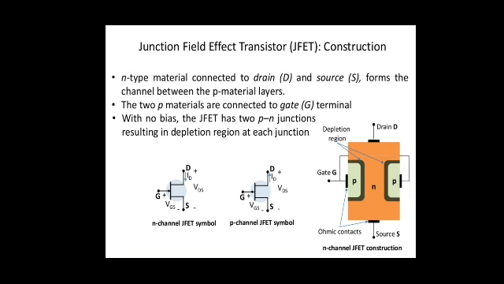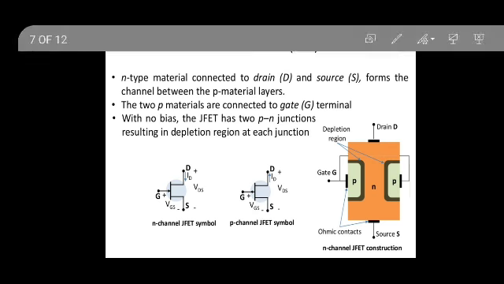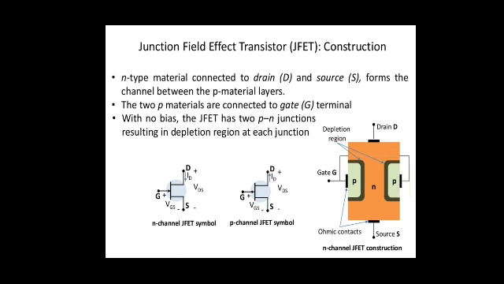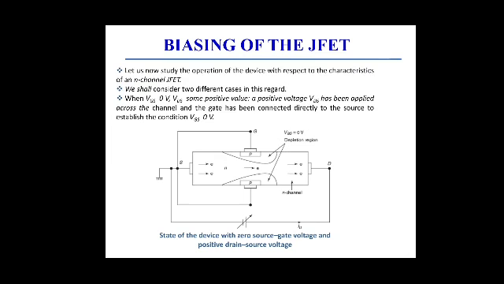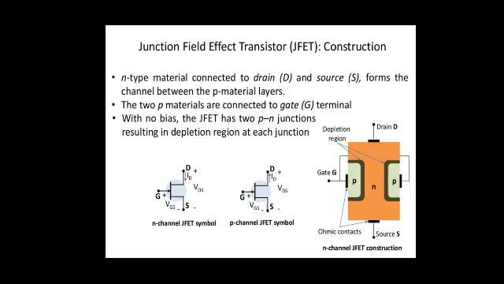Due to the negative voltage, the electrons present will be repelled into the channel and will leave out of the drain. So the electrons will be moving from source to drain.